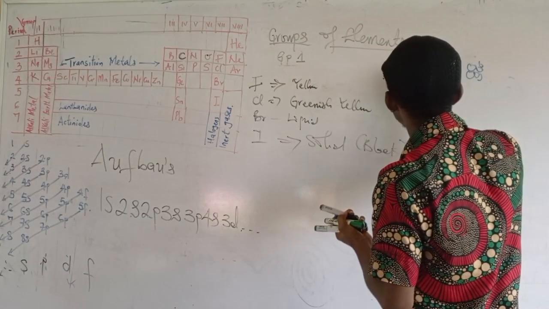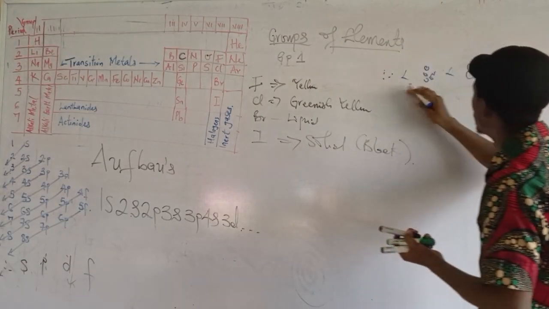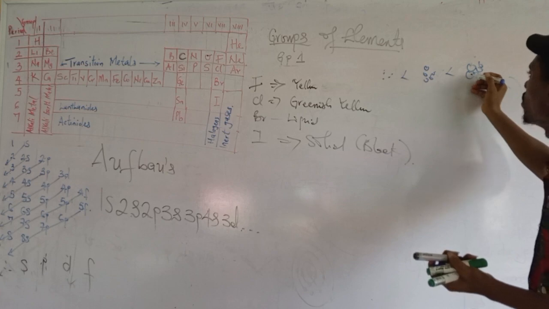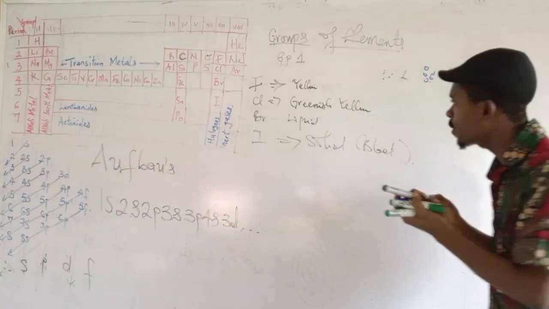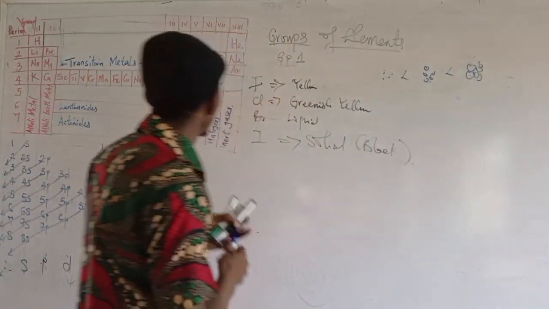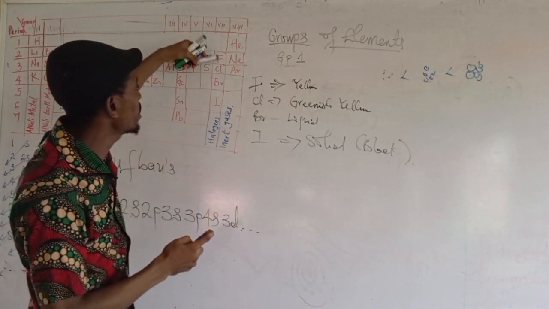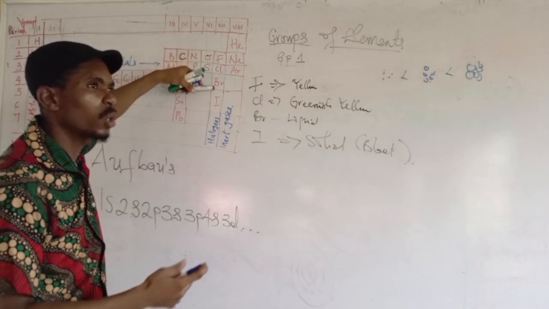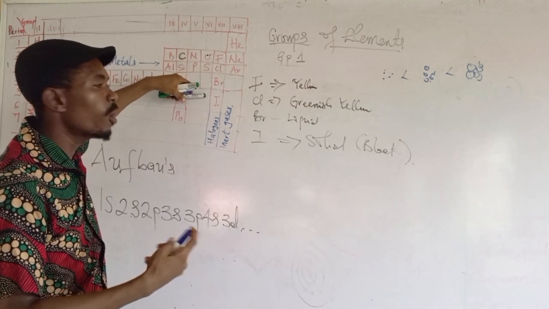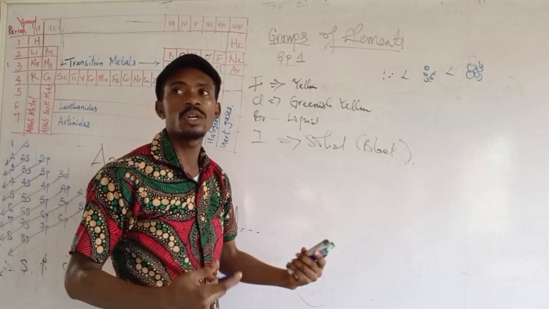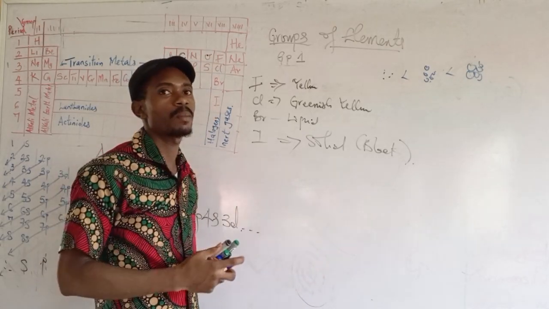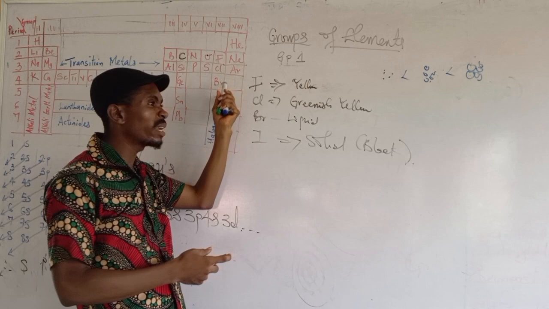So solids have more force than liquids, and liquids more than gases. And because of this force of attraction, since fluorine is a gas, as we are going downwards, they are becoming solid gradually. It therefore means that as you go downward, the melting point and the boiling point also should be increasing because the force is gradually increasing.